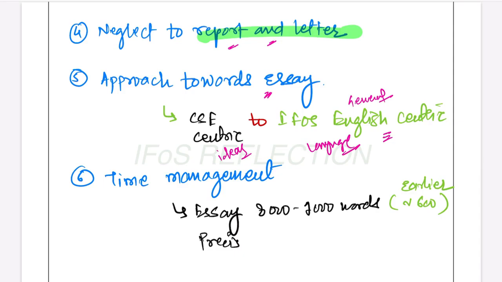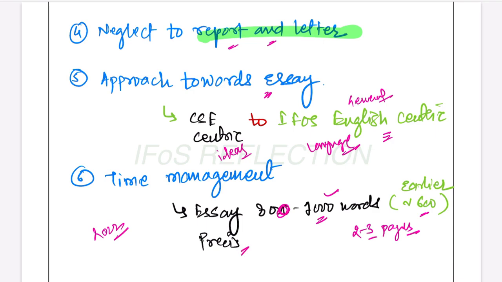Next thing is time management. The issue of time management wasn't there in the era before 2022, but since 2022, in 2023 and 2024, the essay word limit has increased to 800 to 1000 words from the earlier 600 words. So this additional 3 pages of writing does put a good amount of pressure on a candidate in terms of time management.